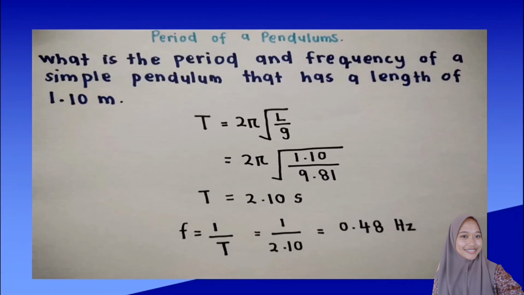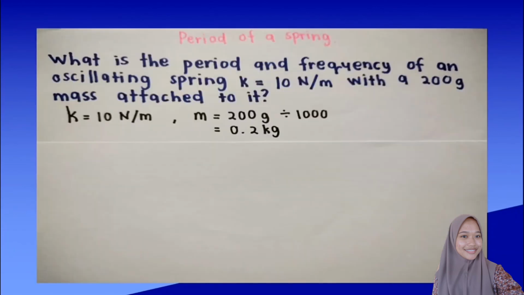So kat soalan ni kita senaraikan dulu maklumat yang dia dah bagi. So dia dah bagi K dia ialah 10 dan mass dia dalam gram kan, 200 gram kan. So kita tukarkan 200 gram tu kepada kg. So kita bahagikan dengan 1000, dapatlah 0.2 kg.